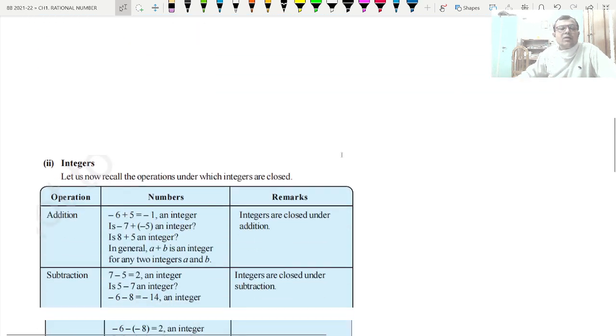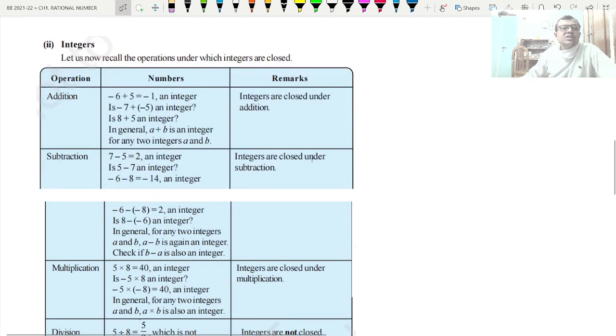Alright. Now let us see for integers. You take two integers and add, the answer is an integer. So any two integers you take and add, the answer will be an integer. Hence integers are closed under addition. Now if you take any two integers and subtract, the answer will always be an integer, right?